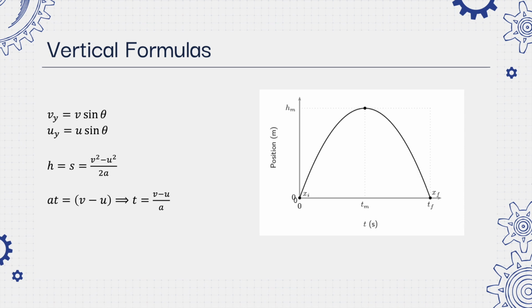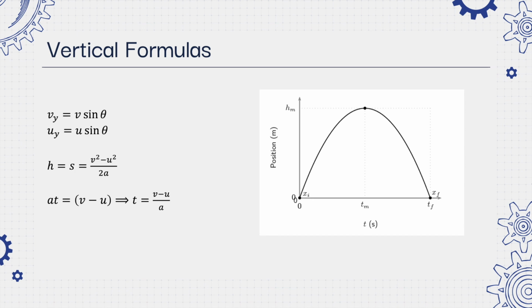In this case, a normally is g because it's vertical, so it goes through air, so it has the gravitational acceleration, the gravitational force, and the displacement, since it's vertical, we can call it height. So the height equals V squared minus U squared divided by 2a.